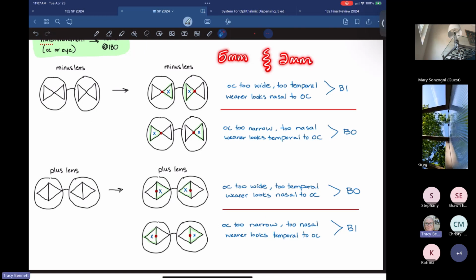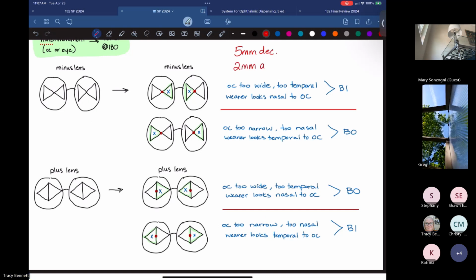And so, what kind of error are we looking at? 5 millimeters was what we were supposed to decenter it, but it was actually decentered 2 millimeters. So how much error are we looking at? How far off are we? We just subtract those two. Does everybody see that? So the error that we had was 3 millimeters.